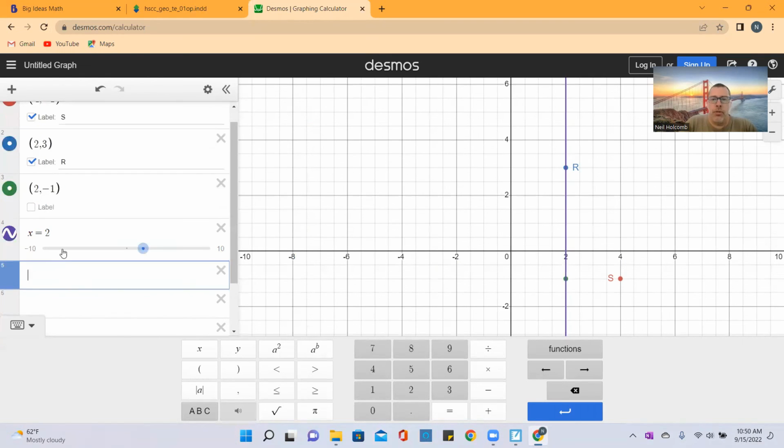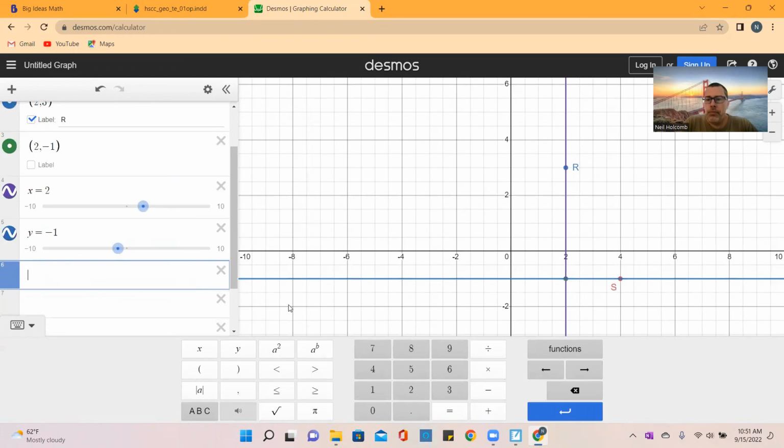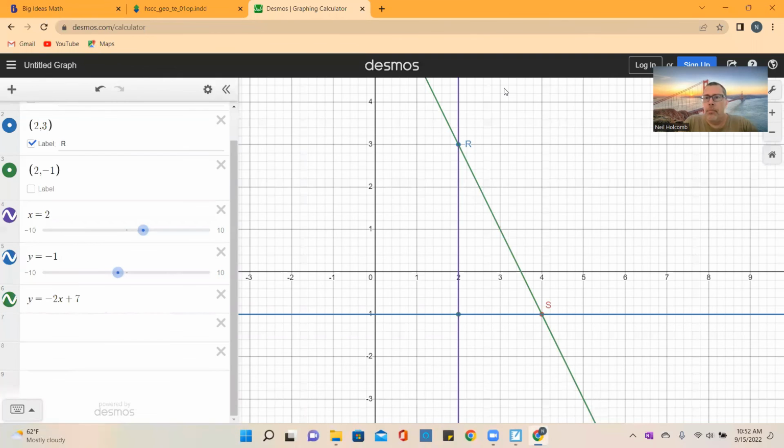So x equals 2 is this vertical line, and y equals -1. Then this line here, let me calculate that. Okay, so there's my right triangle. Just focus on the triangle itself, not the lines that extend beyond. I just graphed these lines and they all intersect and created this triangle.